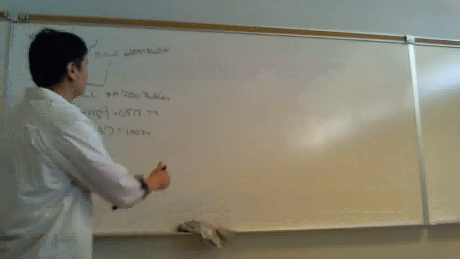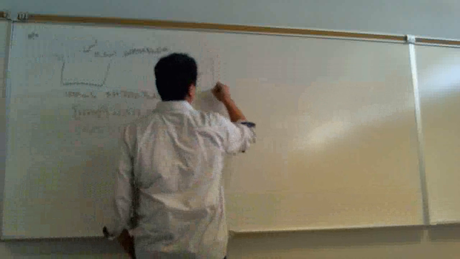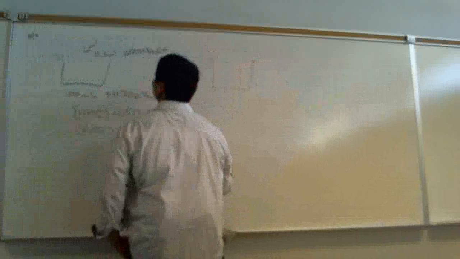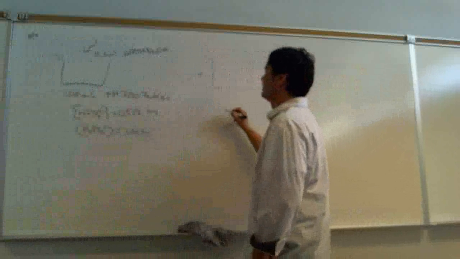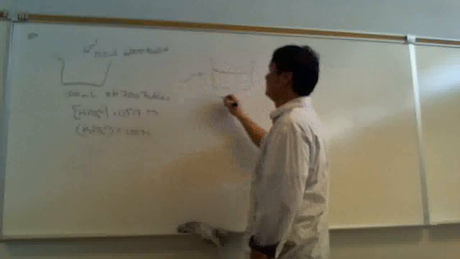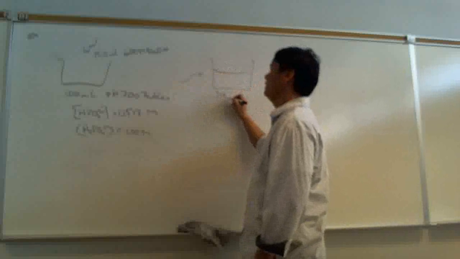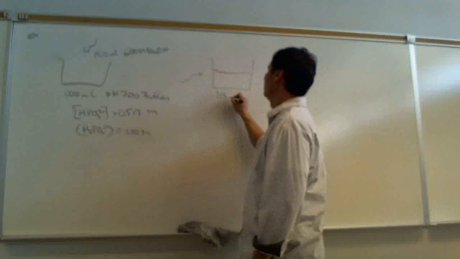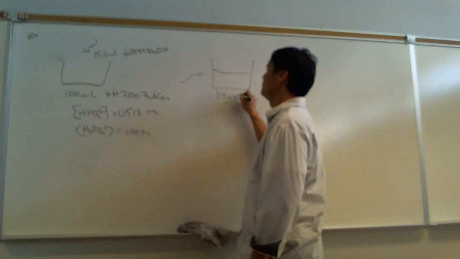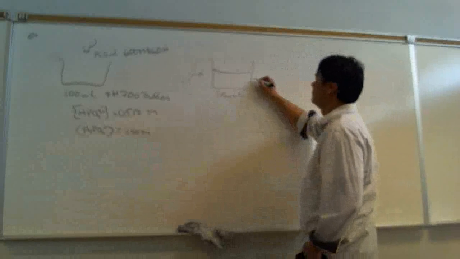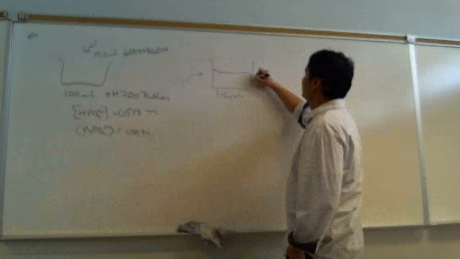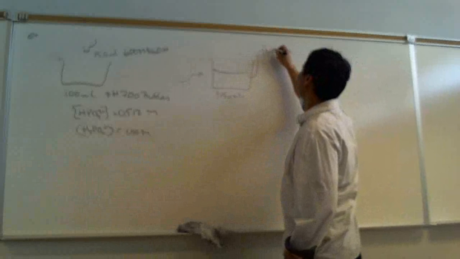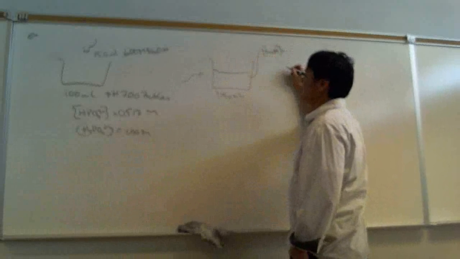All right, so let's go through this really quick and then see what we got. It didn't quite work out the way I was thinking it's going to work out, but let's see what happens. So we end up with about 115 milliliters. And so what was the new sodium hydroxide concentration? 0.7826.